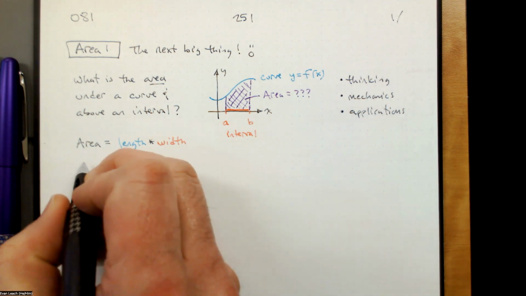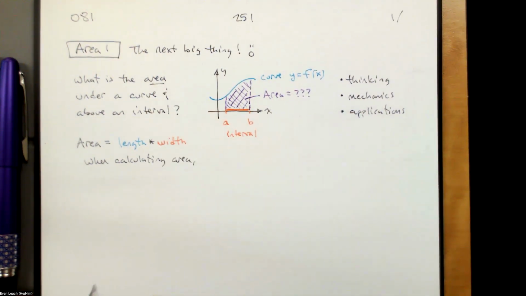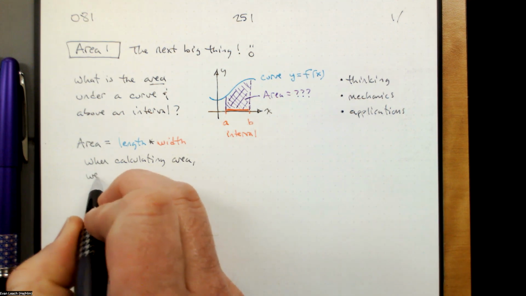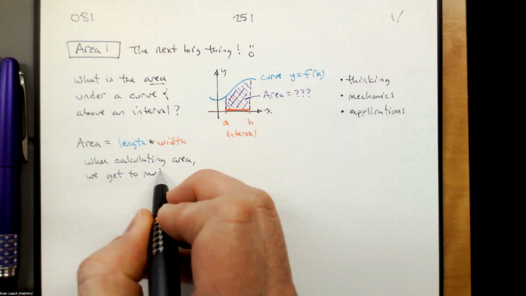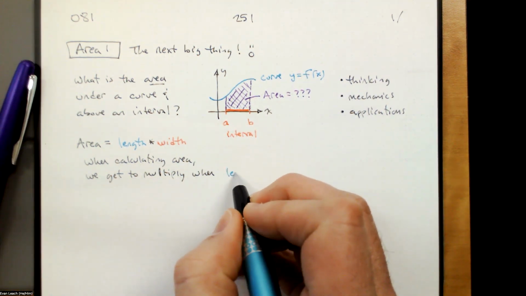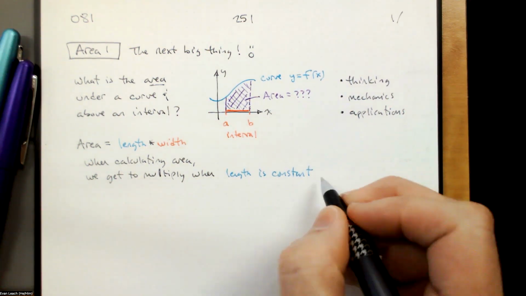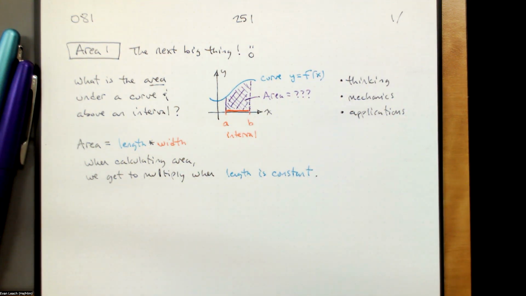So when calculating area, we get to multiply when the length is constant. Let's think about what that looks like in functions.